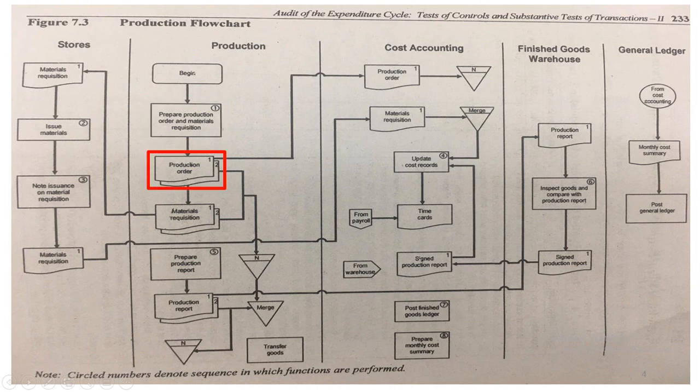So there are 2 copies for production order and 2 copies also for materials requisition. So the first copy for the production order will be given to the cost accounting department. And the cost accounting department will then file those production orders in numerical order.